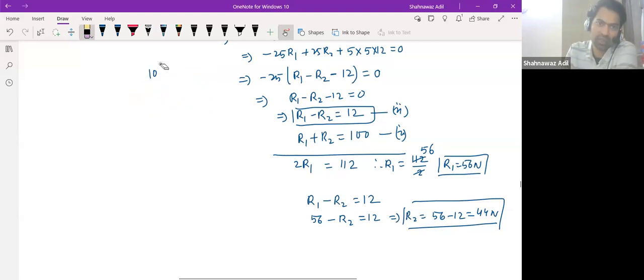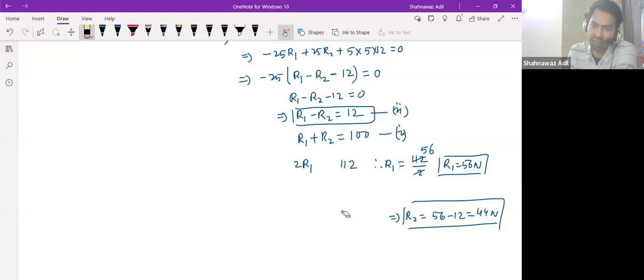Now you guys understood about this rotational and translation, right?